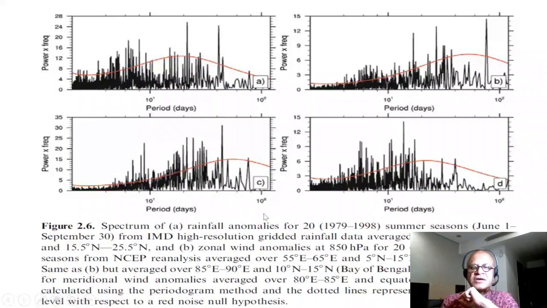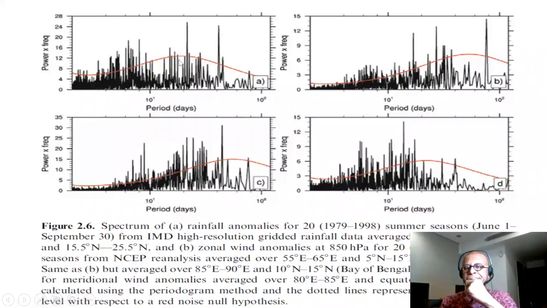That's B here, and C is the same as B but averaged over 85 to 90 degree east and 10 degree north to 15 degree north, so that's focused on the Bay of Bengal. And D is same as B but for meridional wind anomalies. And the main point to note is that when you look at these multiple variables, you do see the clear peaks at multiple time scales.